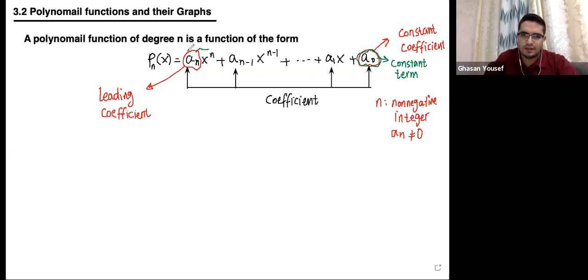And this here, with the variable x, is the leading term. So when I say the leading term it means a_n x to the power n, such that n is the degree of this polynomial. Okay.